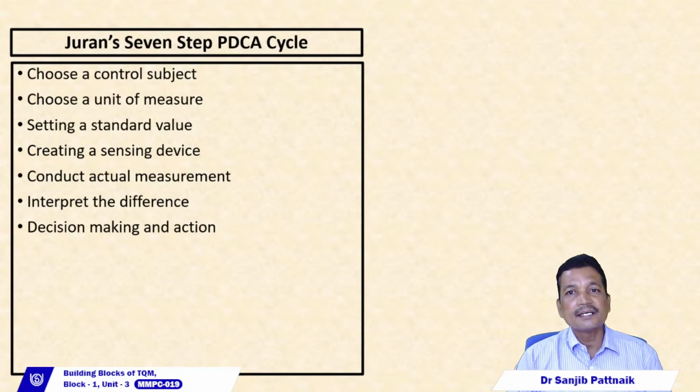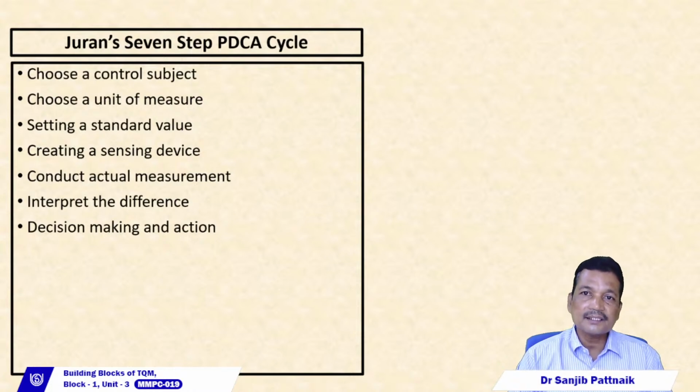It is not that it happens by its own. For that, a sensing device is there. What is that? A thermostat. So it tries to judge whether the compressor has made the room temperature fall to 24 degrees. Automatically it will cut off the power supply to the compressor. So there should be a sensing device which will say that yes, this is the point where to stop the activity.